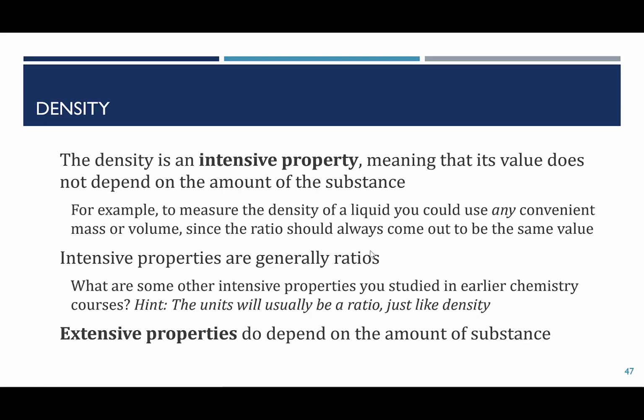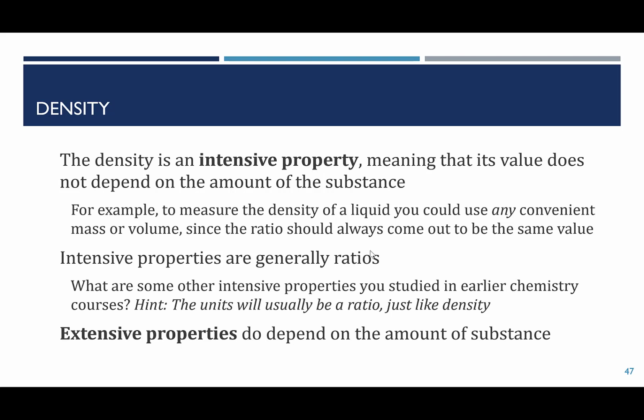The differences between intensive properties and extensive properties are also very important to understand in chemistry. An intensive property is one whose value does not change depending on the amount of the substance. And when we say amount, we might mean mass, we might mean volume. So what is the density? It is the ratio of mass to volume.